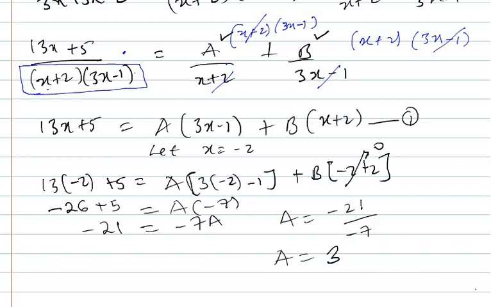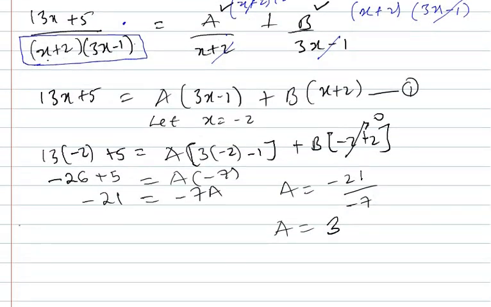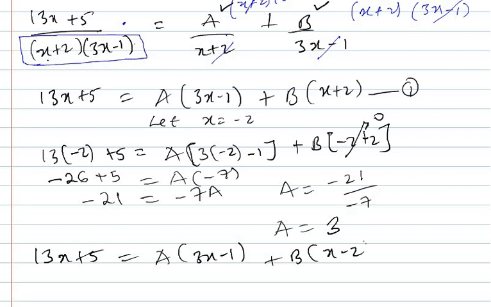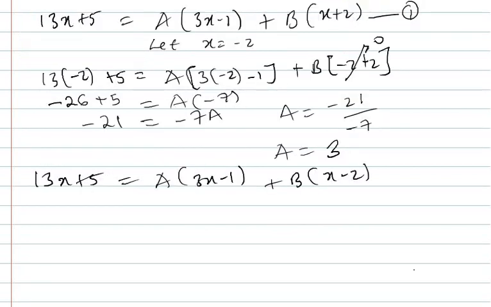So I can now use my equation 1 also to make the A term equal to 0 so that I can find B. So I have 13x plus 5 is equal to A into (3x - 1) plus B into (x + 2). So how can I make the A term equal to 0? If I put x equal to 1 over 3, then 3 times 1 over 3 is 1, then 1 minus 1 is 0, then 0 times A is 0.